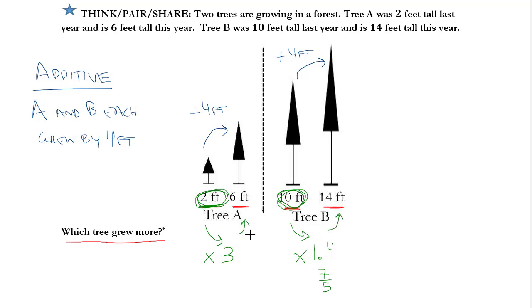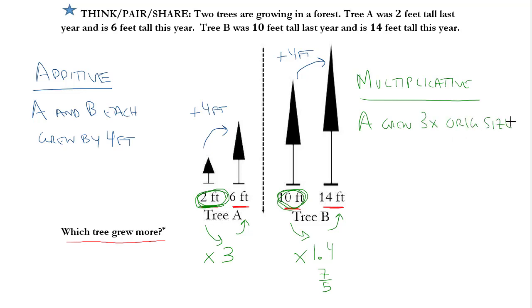And so if we want to think about this in terms of a multiplicative model, we can say that tree A grew 3 times its original size. And that's the important piece: we're comparing the growth to its original size using multiplication.